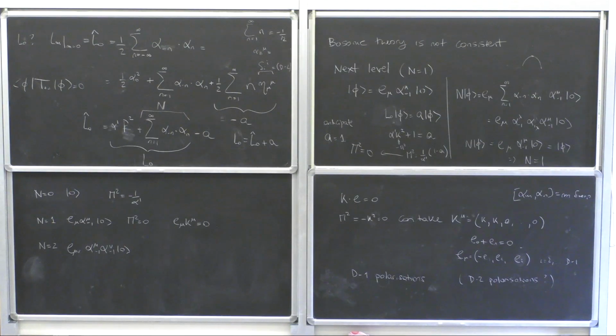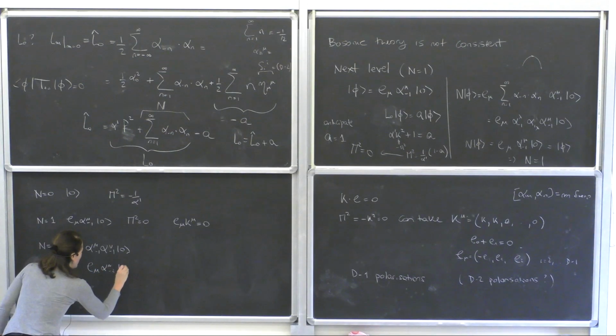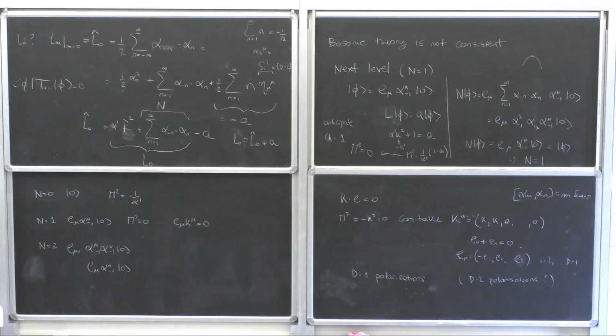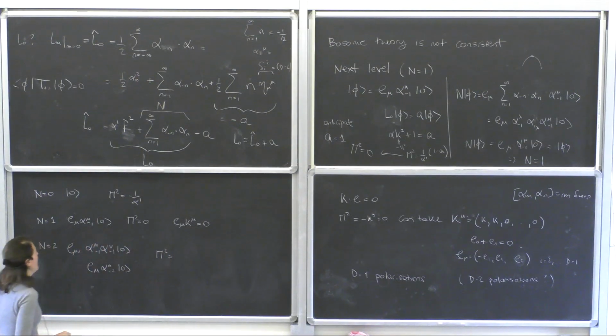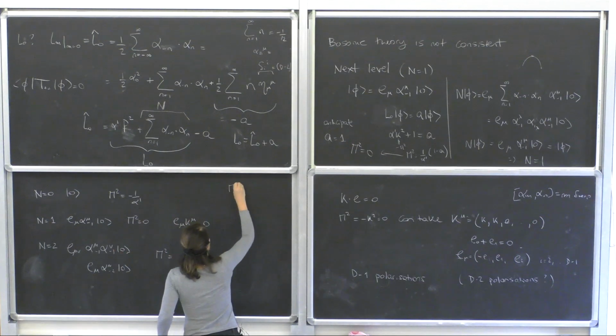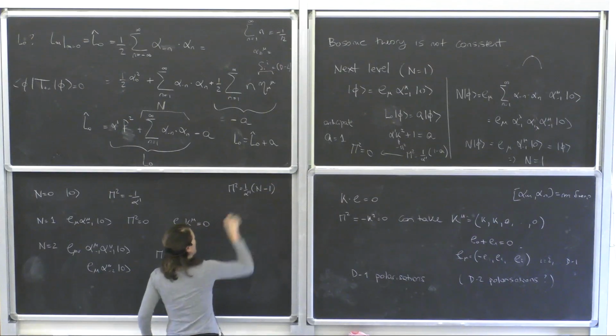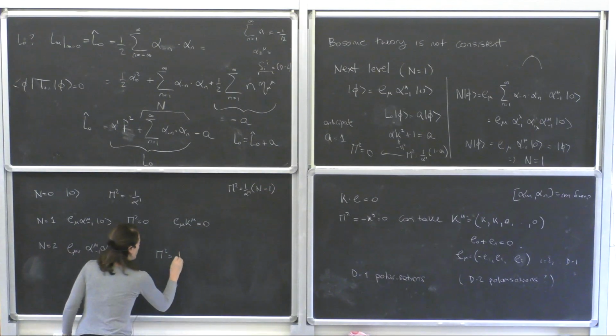And I have another type of state at level 2: alpha minus 2, with this here. So in general, this condition tells us that m squared is 1 over alpha prime times n minus a, but a is equal to 1. So these have m squared equals 1 over alpha prime.